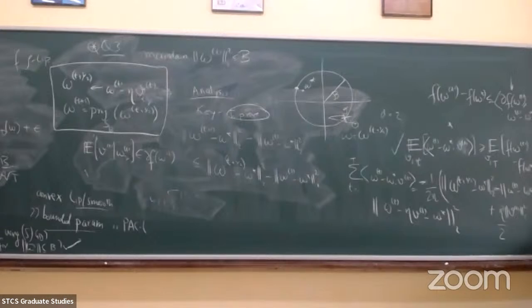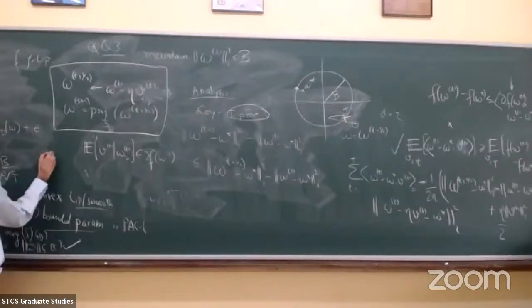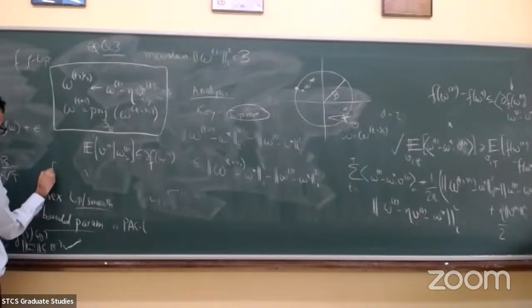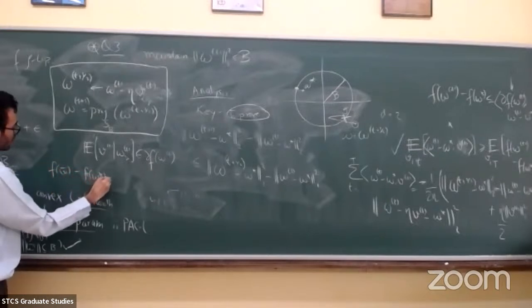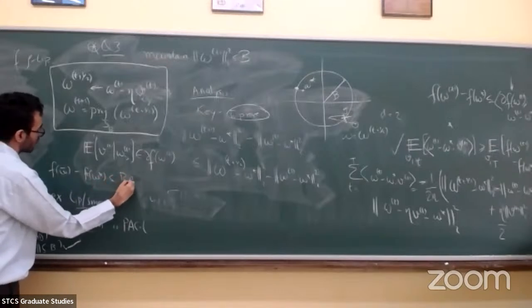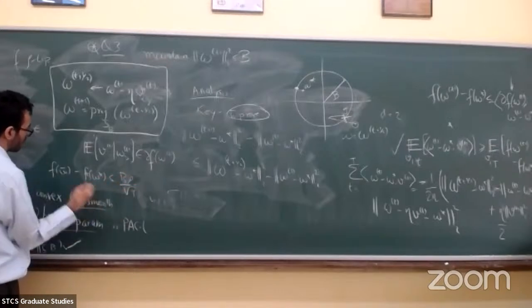If you remember from the previous lemma, I had said that this difference, minus the optimum for f, was at most something like B rho over root T. So earlier I said that f of w minus f of w star is at most B rho over root T, and I inverted it.